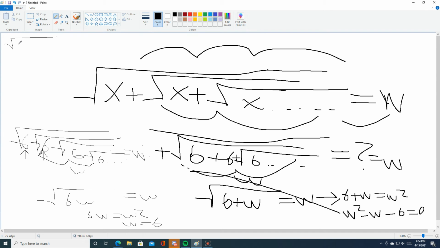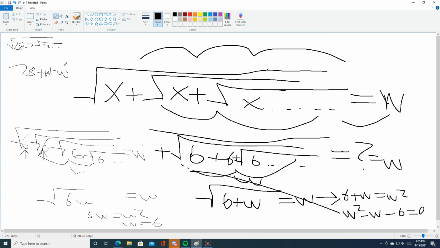But for an infinite radical with addition, let's say we have the number 28 plus the square root of 28 onto infinity. When you solve it, instead of 6 plus w equals w squared, you're going to get 28 plus w equals w squared.